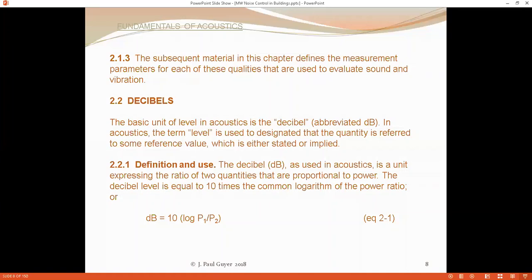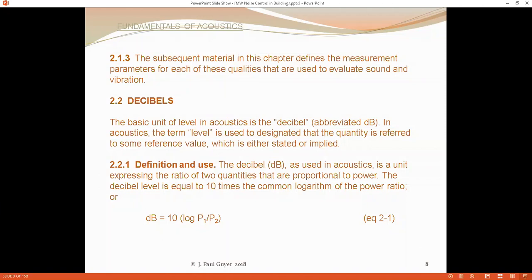P2 is a reference sound power, a sound power that is just barely perceivable by a young, healthy human ear.